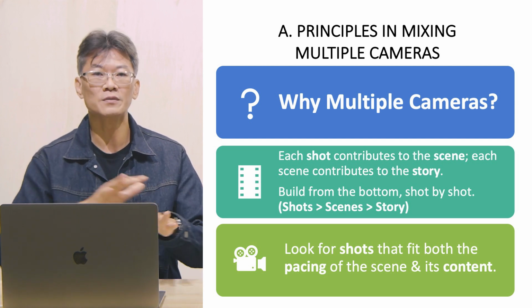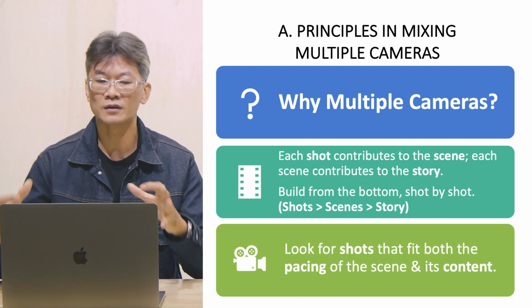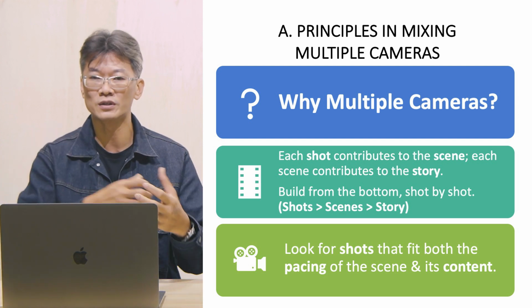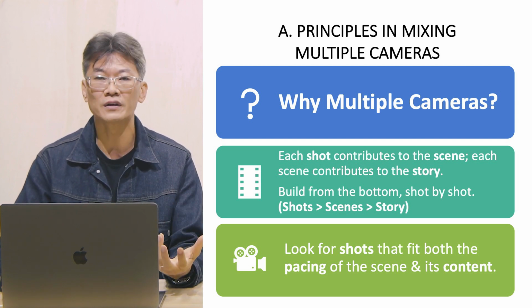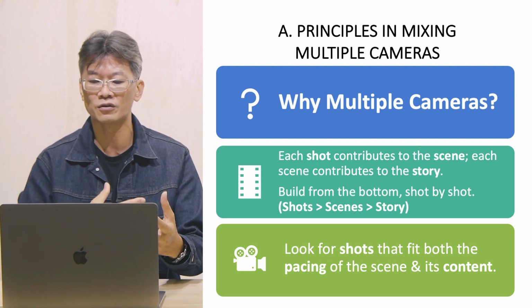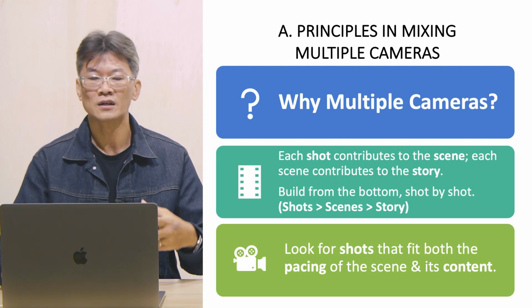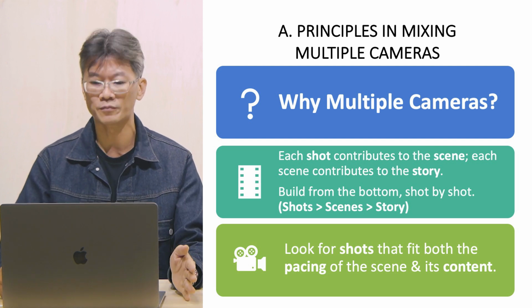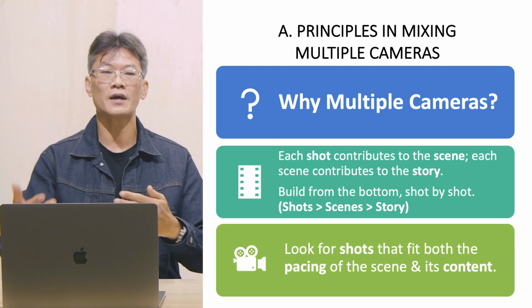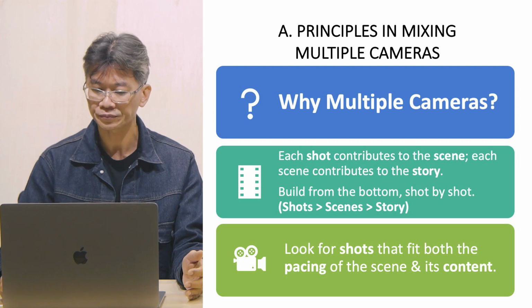Putting all these multiple cameras together, we are able to mix these different shots to contribute to the scene. Just having one camera alone will be very difficult to produce the different shot sizes and different angles. So the scene will not be able to build up sufficiently with just a single camera shot. That's where multiple cameras are required for improvement in your production.